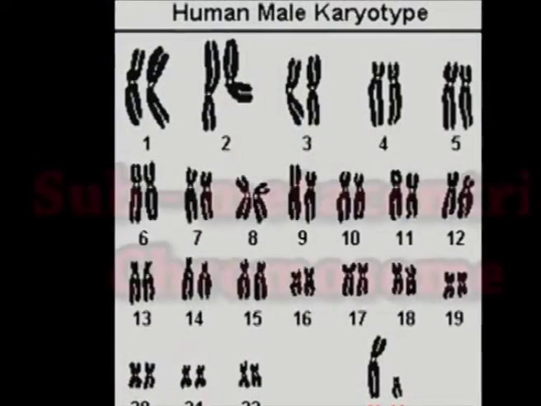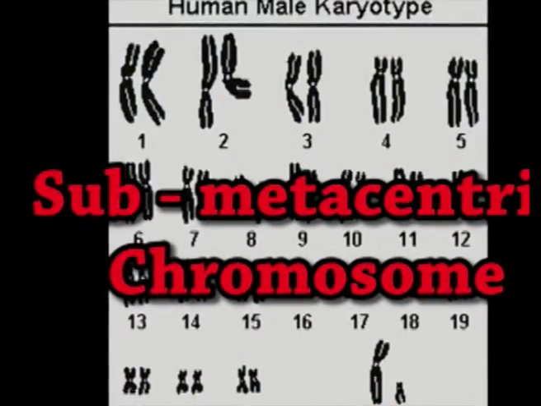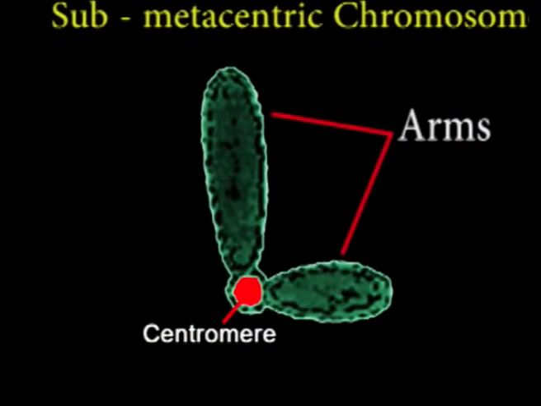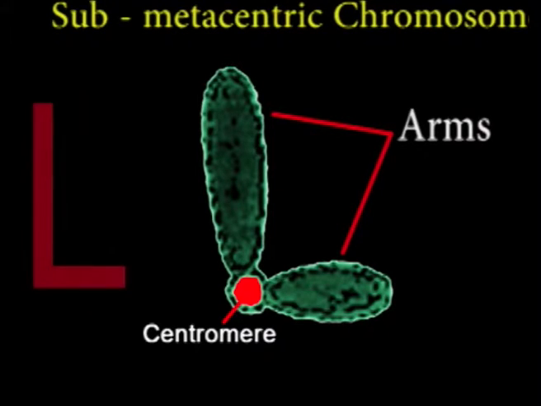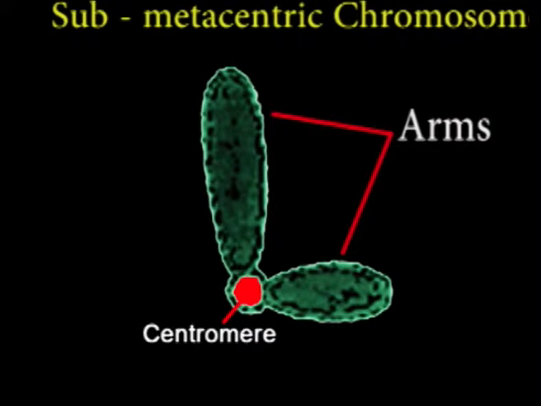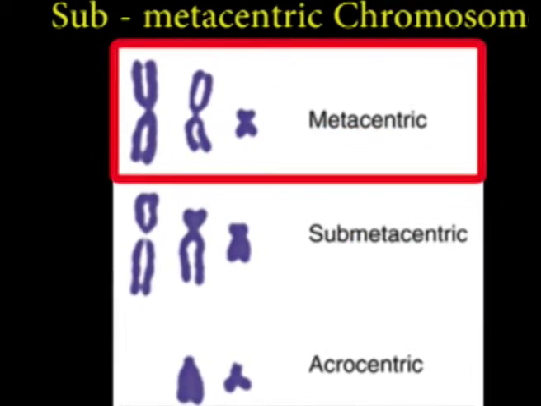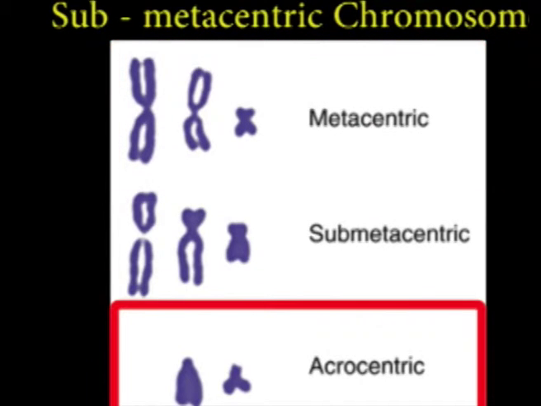Then we have the second type of chromosome, that is submetacentric chromosomes. They have unequal arms and is almost L-shaped. The ratio of the arms lies in between the ratio of metacentric chromosome and acrocentric chromosome.